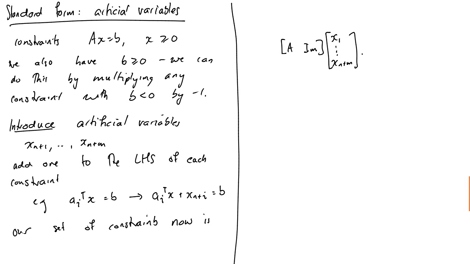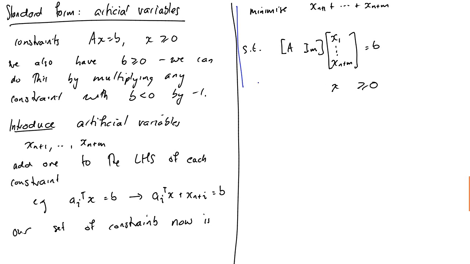Okay, and if we make this into a problem by minimizing the sum of x_{n+1} through to x_{n+m}, subject to these constraints, then what we have is a linear program.